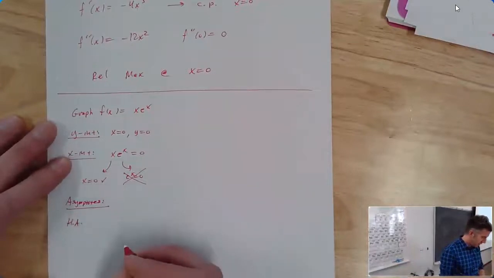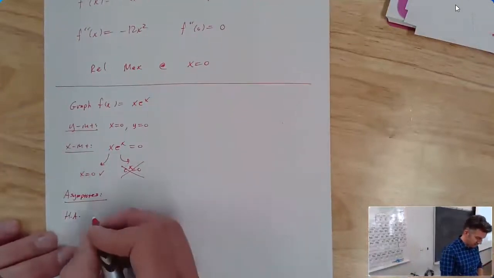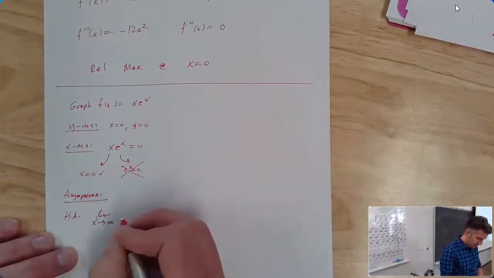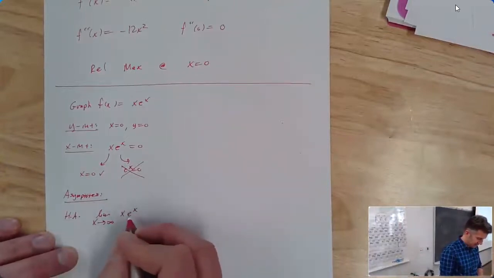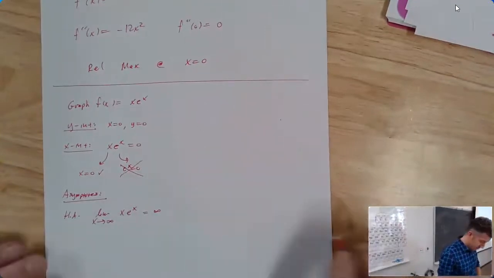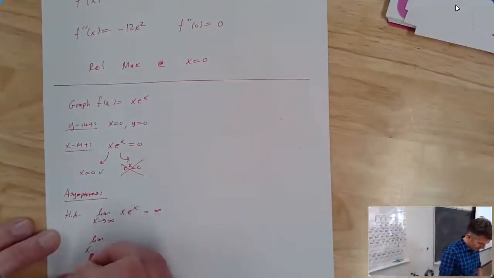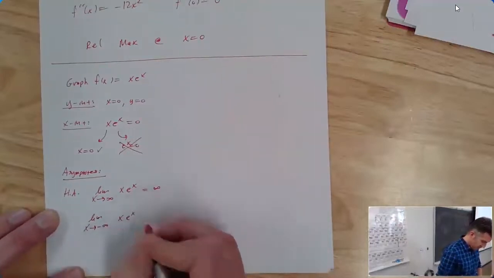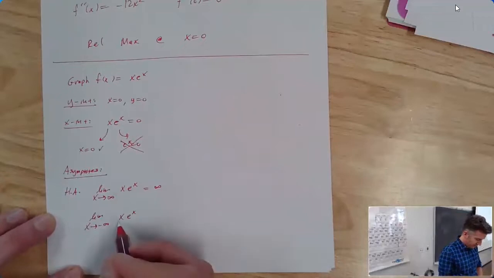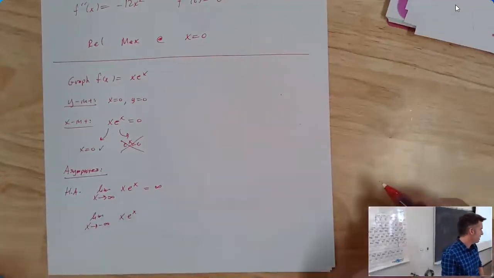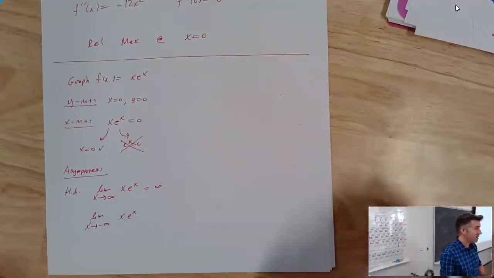And this is where things get tricky. So if I was going to do the horizontal asymptote, well, let's look at the limit as x goes to infinity. As x goes to infinity of x e to the x, I get infinity times infinity, which is infinity. No horizontal asymptote to the right. If I go to the left, I've got negative infinity times e to the negative infinity. E to the negative infinity is actually, well, think about the graph of e to the x.